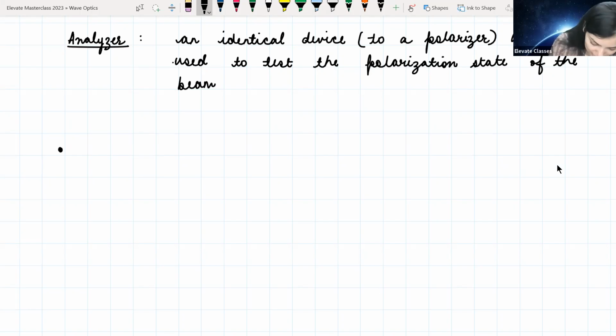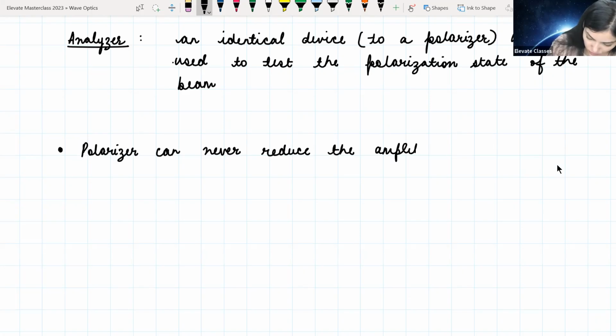Yes. So a polarizer can never reduce the amplitude of unpolarized light.